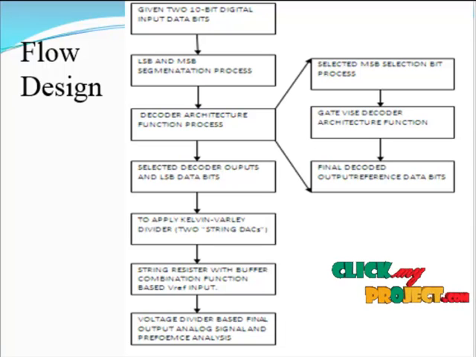We are giving 10-bit digital input data, and the digital to analog converter is determined according to the resolution of the resistor DAC and the DAC embedded amplifiers. Then we consider the LSB and MSB segmentation process. In the segmentation process we consider the DAC embedded amplifiers.